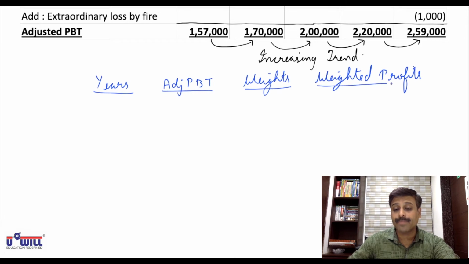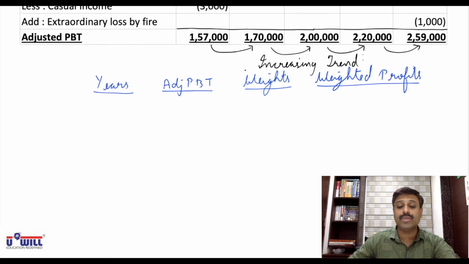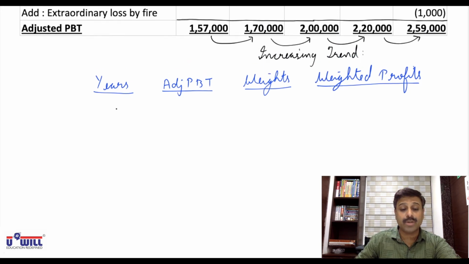Now the years are from 2014 to 15 till 18 to 19. So 2014 to 15, 2015 to 16, 2016 to 17, 2017 to 18, and 2018 to 19.